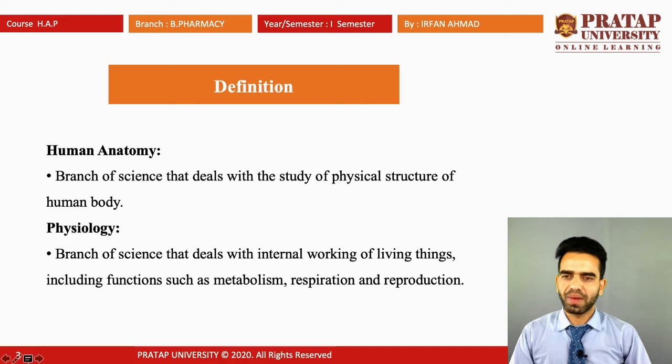So you have to remember the names of the various organs which are associated with a particular organ system. For example, in the anatomy of the heart, we have to study the various parts of the heart and remember their names.